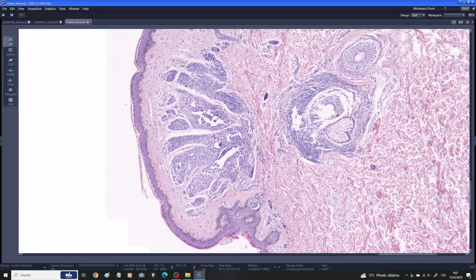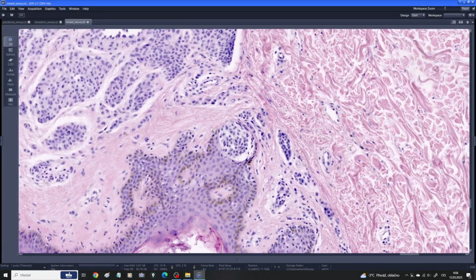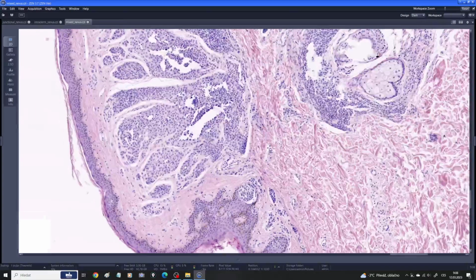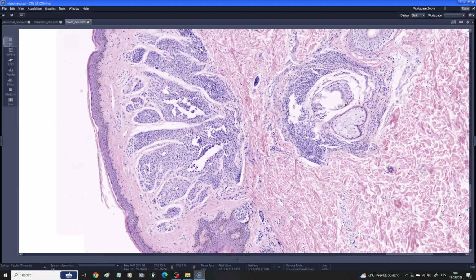So here you can see again the lesion, and the majority of the lesion is intradermal. But there is also a junctional component of the nevus. Here is a nest of melanocytes in the junction. But here you can see that the majority of the nevus is in the dermis. So this should be a compound nevus, but yes, the majority of the tumor is intradermal.